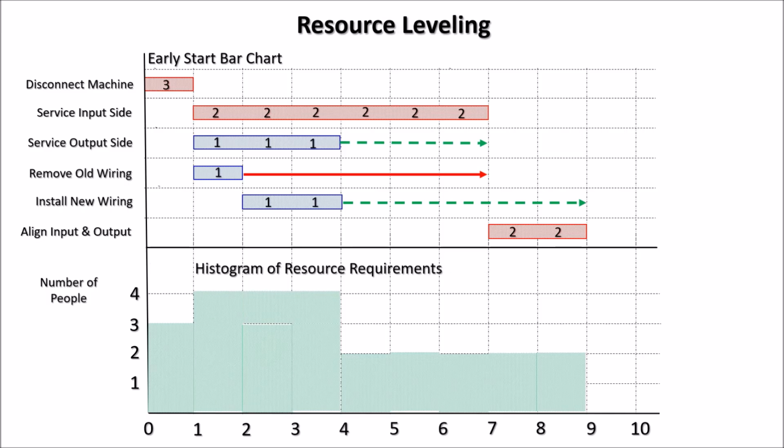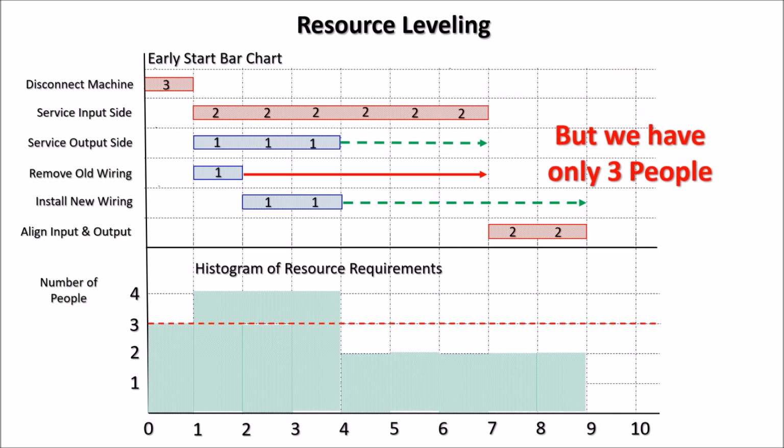Now we have the ability to level resources as well. So, for example, if we only have 3 people, we can enter our resource availability of only 3 people onto our histogram. And immediately it becomes apparent that we have a problem.